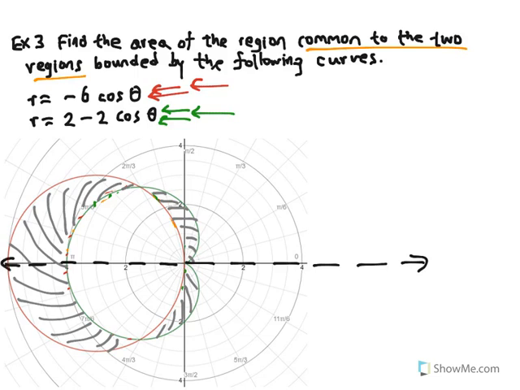So above this line, you have half the region, and below this line, you have the other half of the region. So you can find the area of just half of the region and multiply by 2, and that would give you the area of the region common to the two regions bounded by the following curves.